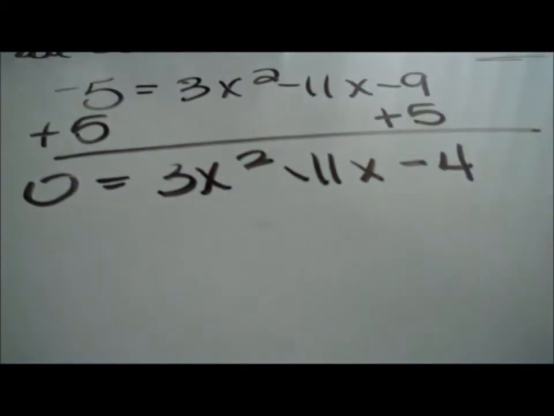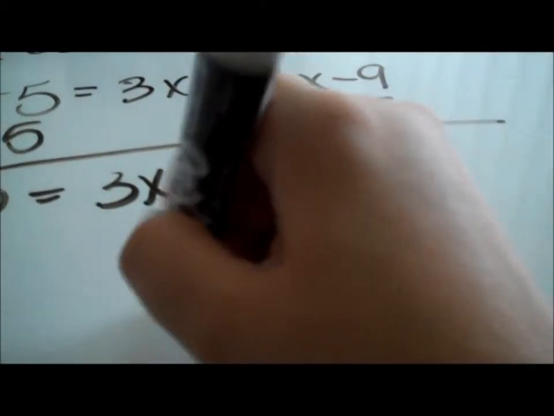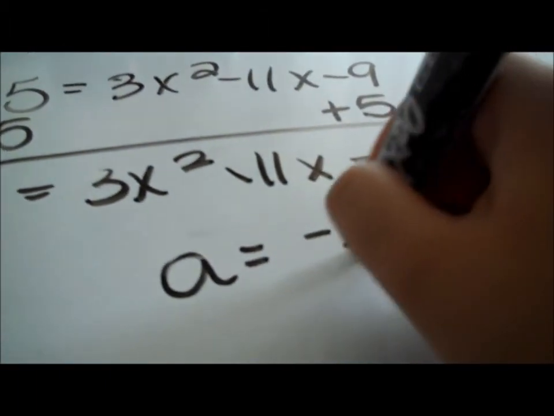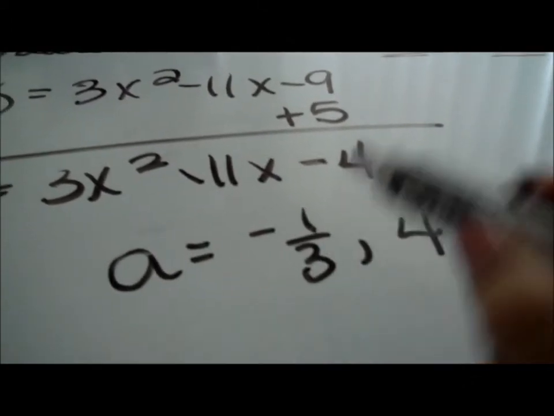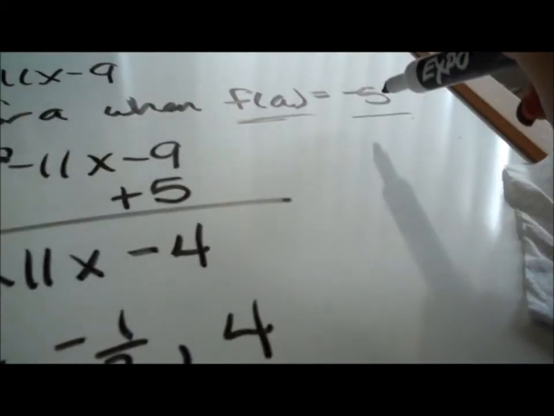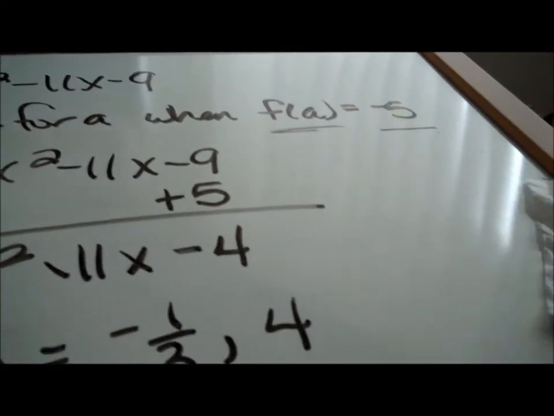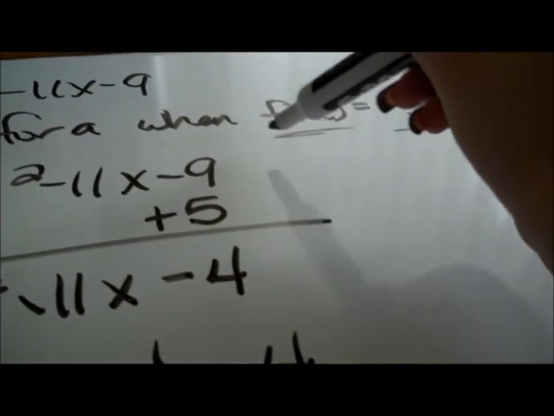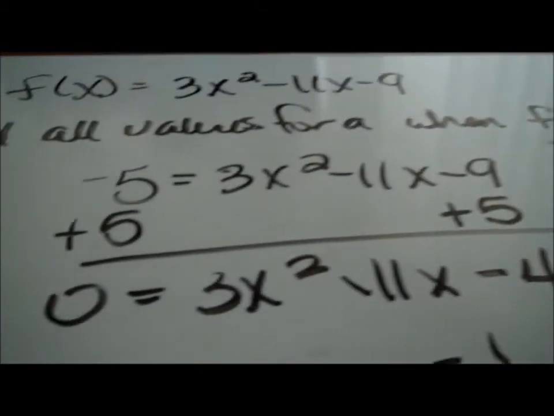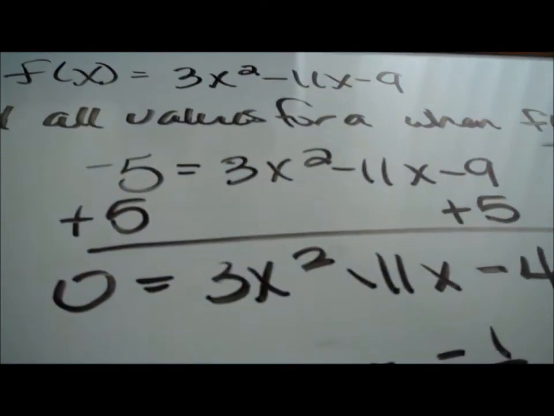And then you need to factor from here to solve. So you will get a equals a negative 1/3 and 4. Meaning that when I stick a negative 1/3 into this equation, you will get a negative 5. Or if I stick 4 into this equation, you will get a negative 5. So be careful. This is saying again that the equation equals a negative 5, which means that the entire equation equals a negative 5.